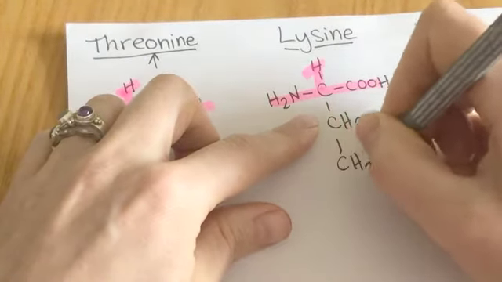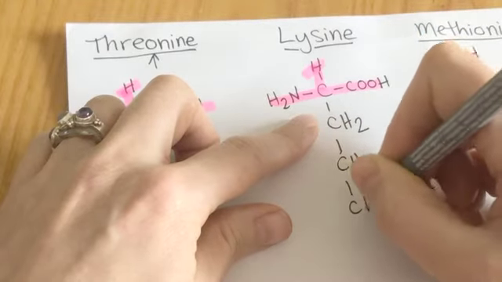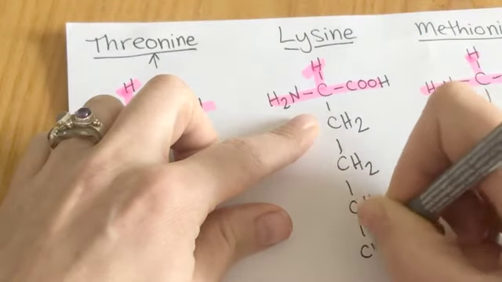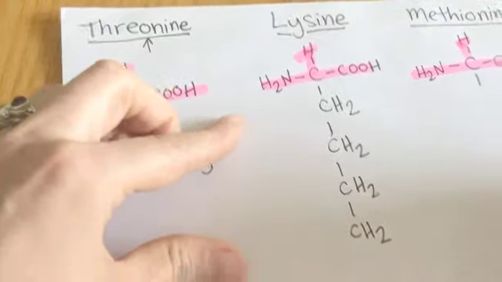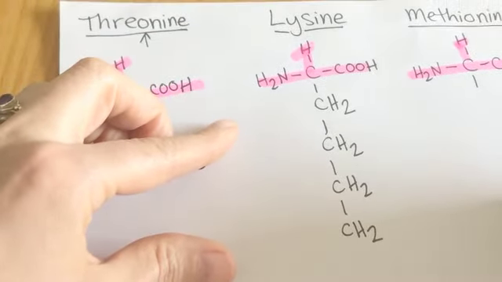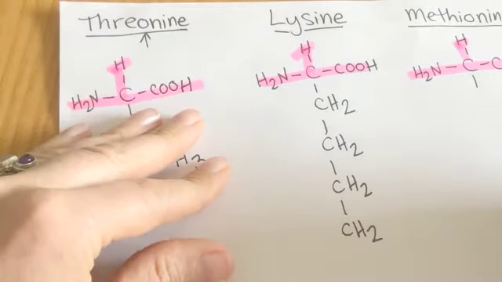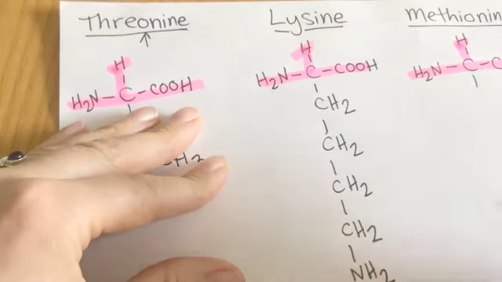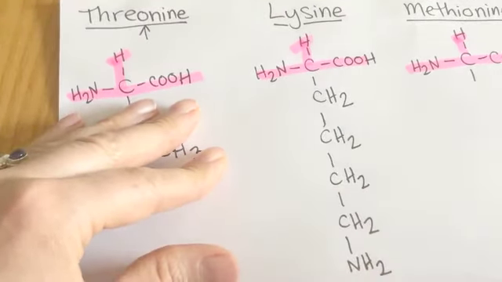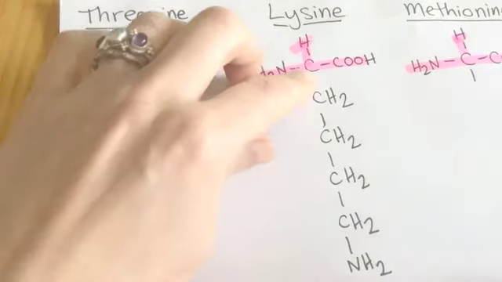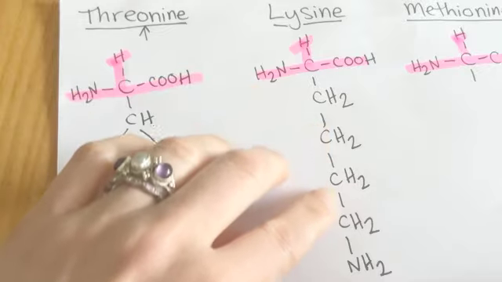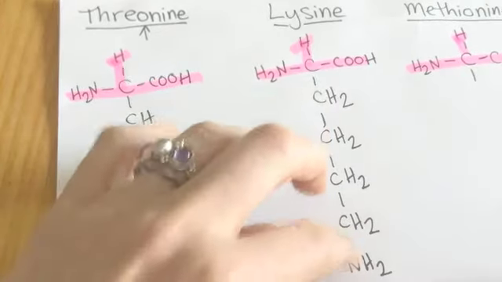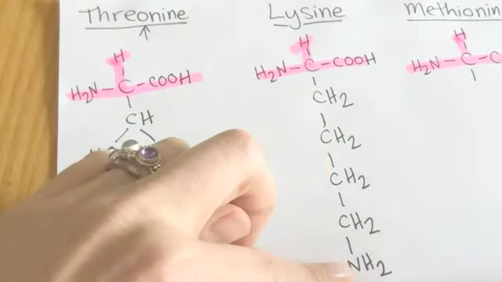It's going to be 4 CH2s. There we go, CH2, but then at the bottom of that CH2, we're going to have an NH2. And that's lysine. Lysine's a little bit easier than some of the other ones. So CH2, CH2, CH2, CH2, 4 CH2s, and then an NH2 at the bottom.